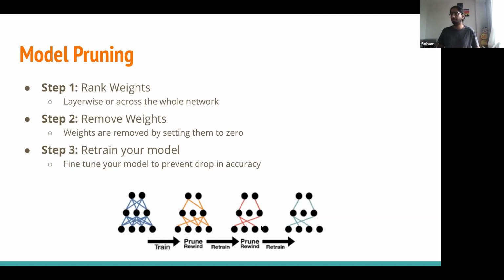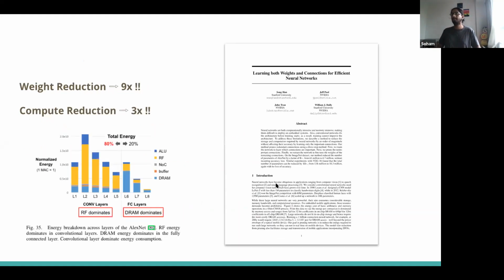We can remove whole neurons, or we can just remove a few weights. But after we remove our weights, we then retrain, and we can keep doing this removing weights and retraining until we get a huge degradation in performance.